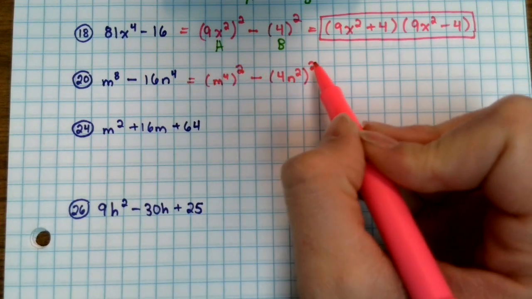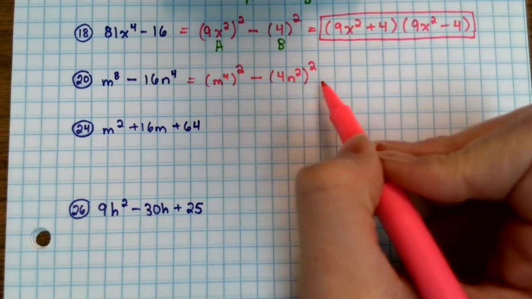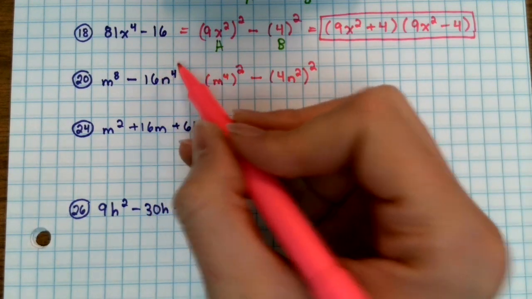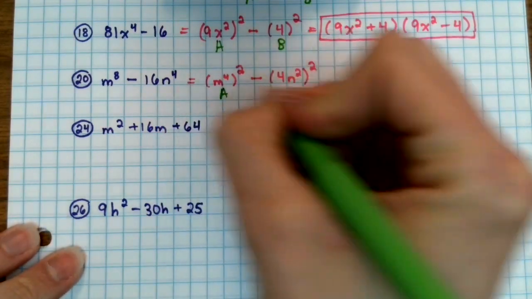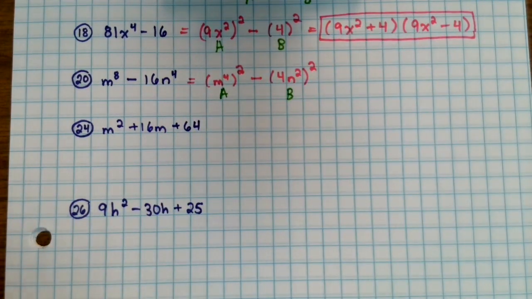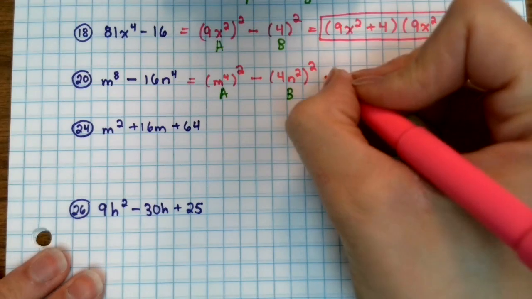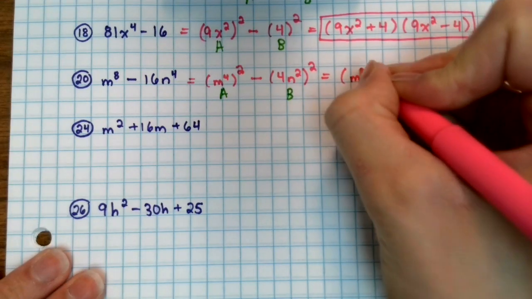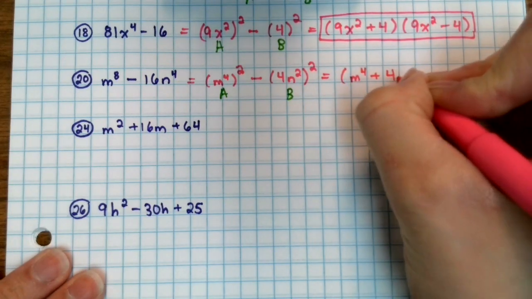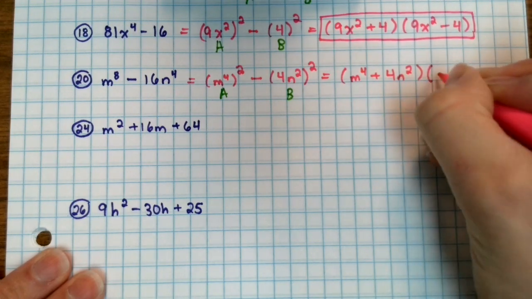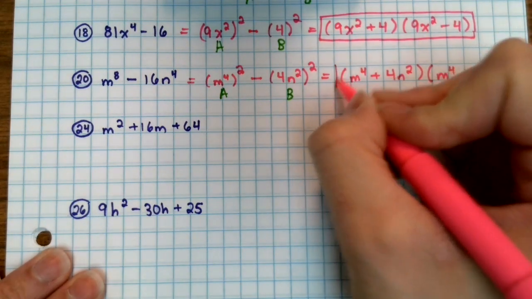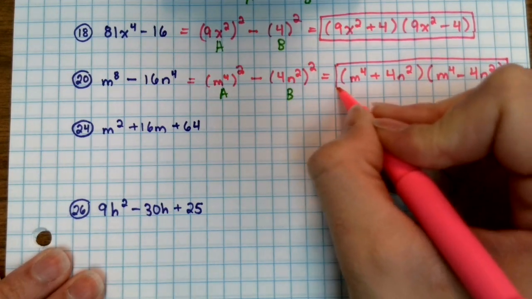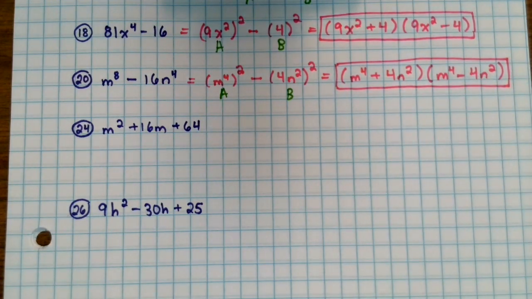And then 4 to the second power gives me 16, and then n squared squared is n to the 4th. So we have our a and we have our b value. So now we can rewrite this as this product, where we have m to the 4th plus 4n squared times m to the 4th minus 4n squared. And that would be it for that question.